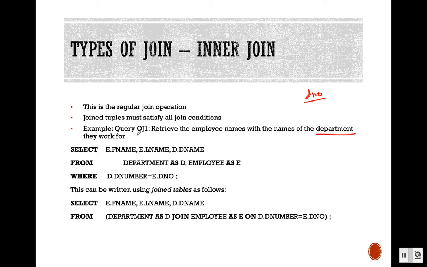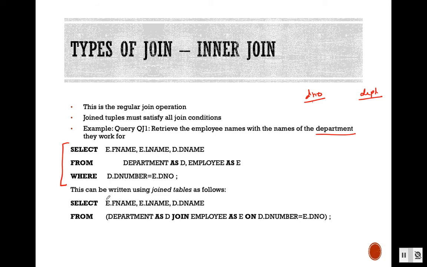The department name we have to find in the department table. So we have to use two tables, employee and department, and to find the relevant record where Dnumber is the same as employee DNO, we have to write a join condition. Now we are familiar with this join query with a join condition.